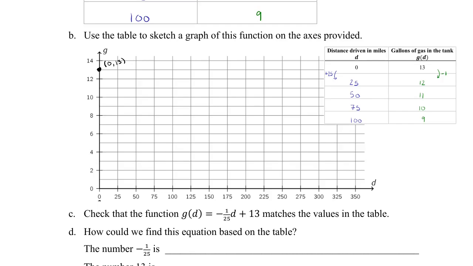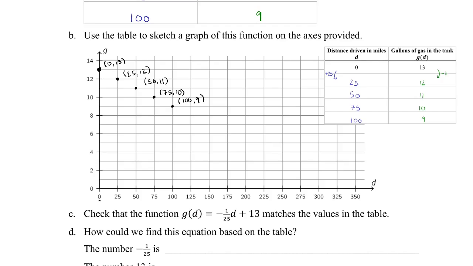When d is 25, g is 12. Paying attention to the labels on the d-axis now, which count by 25s. This is the point 25, 12. And then we have 50, 11, 75, 10, and 100, 9.